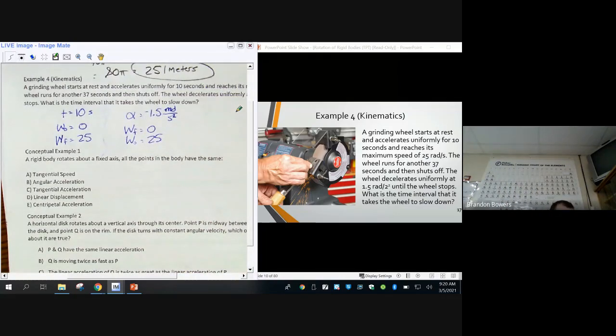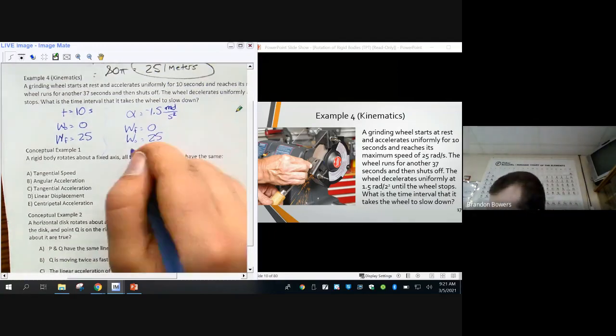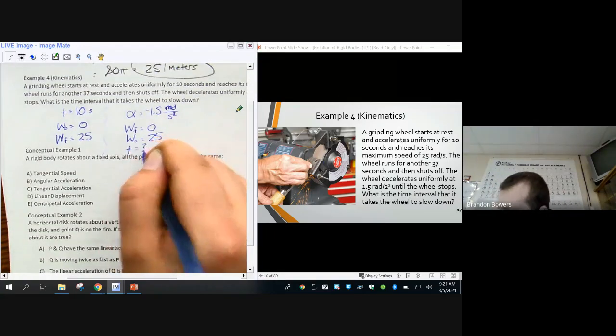Okay, so it says, what is the time interval that it takes the wheel to slow down? What equation do you think we're going to use? So we need to find this time over here.